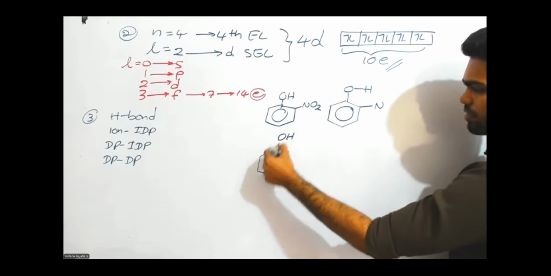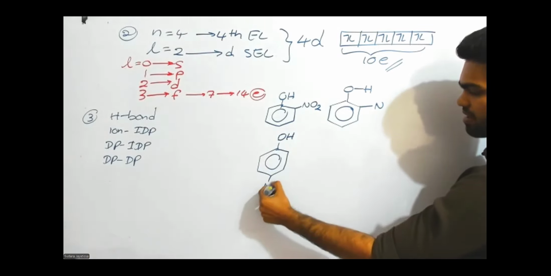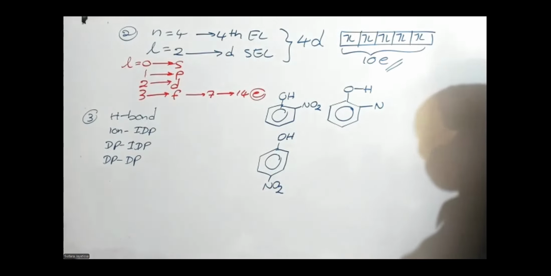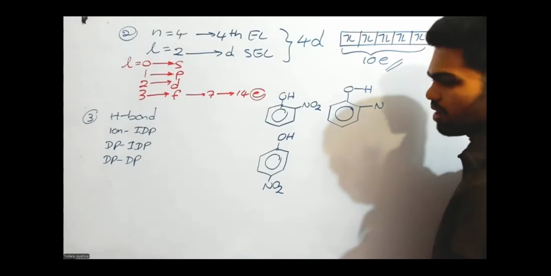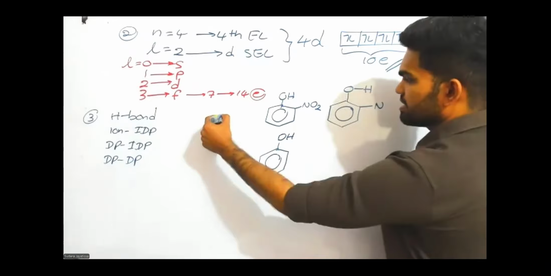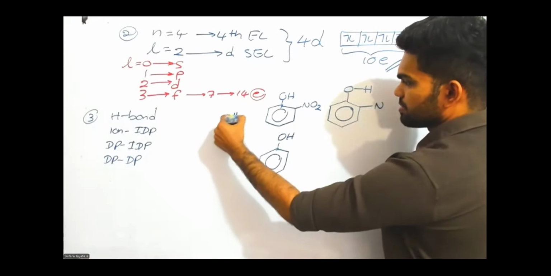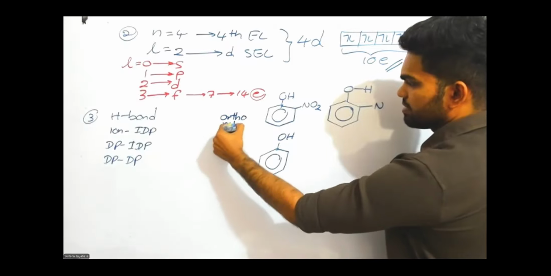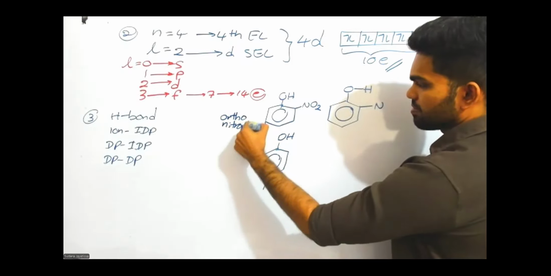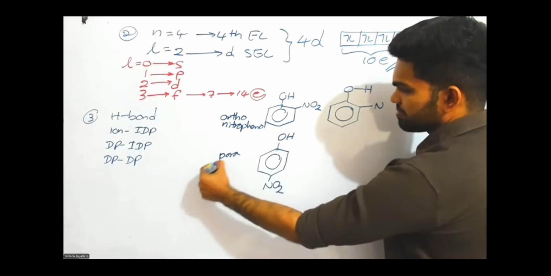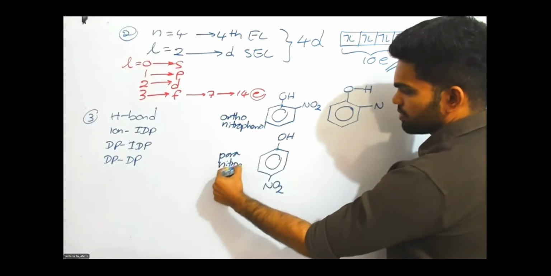You will learn these ortho, para names in our organic lesson. This is orthonitrophenol, and this one is paranitrophenol.